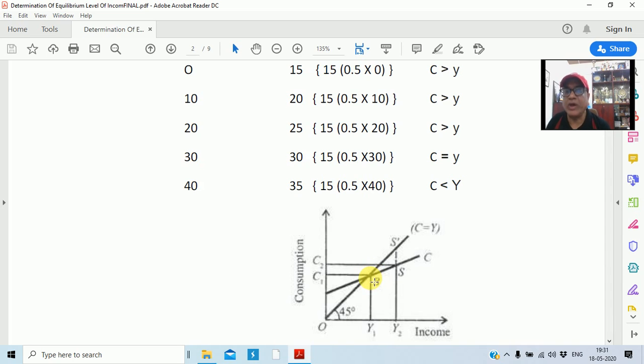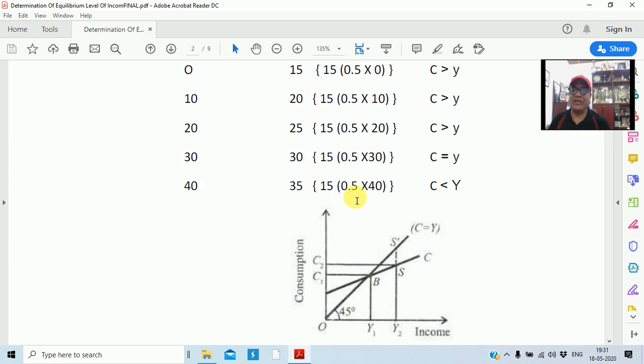And this point is called the break-even point. So a new term for you: what is the break-even point? The point where C is equal to Y. In the schedule, this is the break-even point, C is equal to Y. And in the diagram, where the consumption function intersects the income line, there is a point B where C is equal to Y. This is called the break-even point.